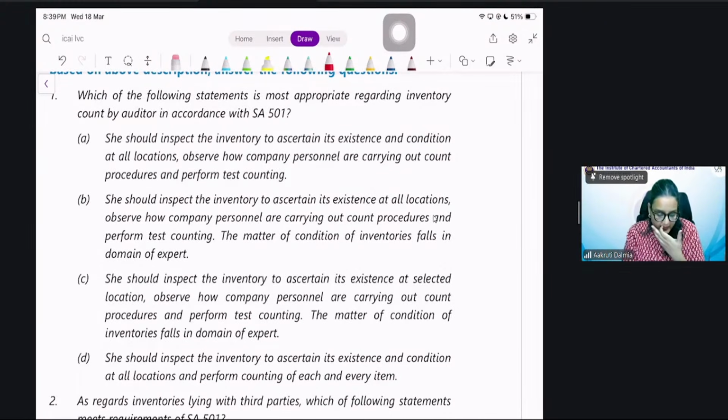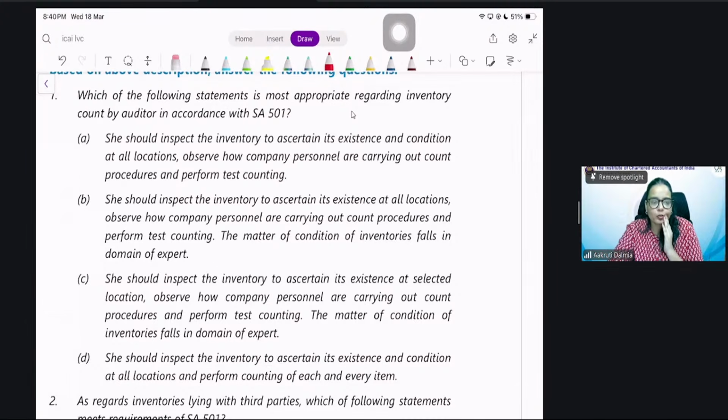Some people are saying C. Some are saying A. What about others? Some answer you should give. Even if it's wrong, it does not matter.